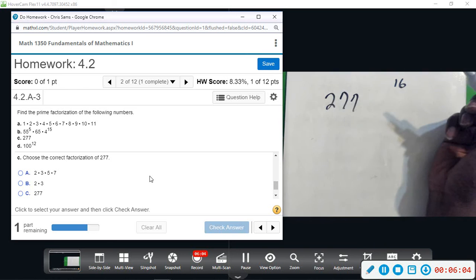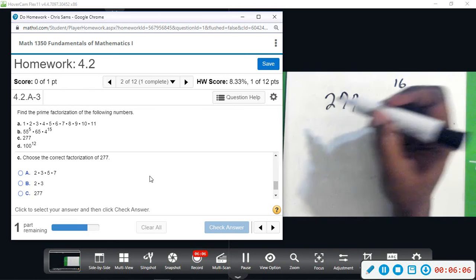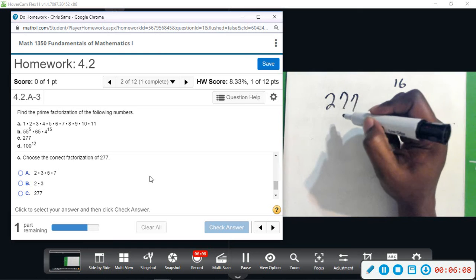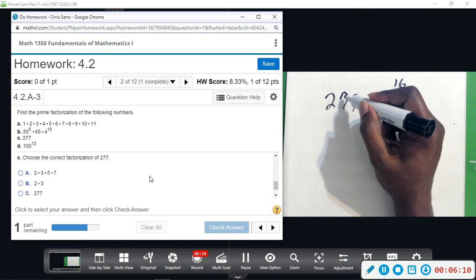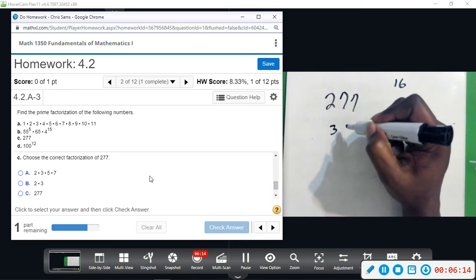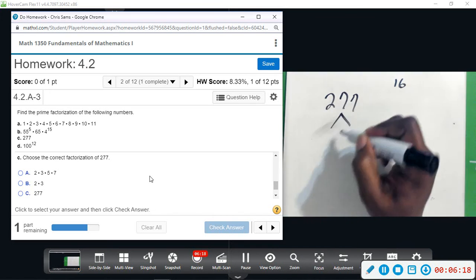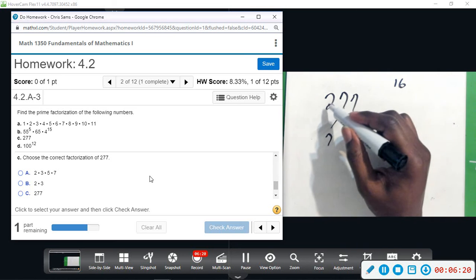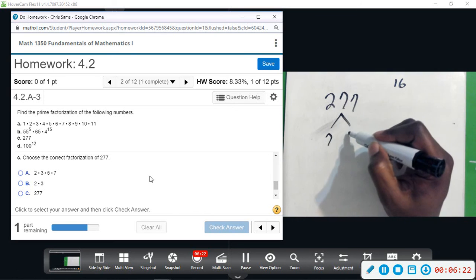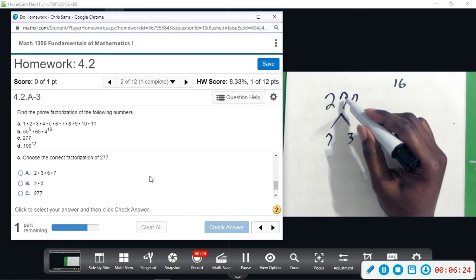Divisible by 7, we would just have to check. So let's try. 7 would go into 27 3 times. We're trying 7 here. Just have to check that one out. We'll go into there 3 times, and that would leave us 21.